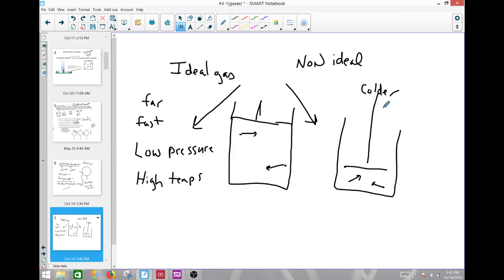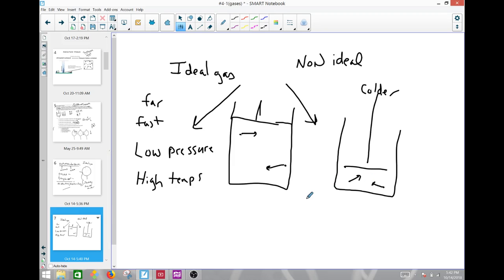And this is going to cause this thing to slow down. So now we're starting to violate some of our kinetic molecular theory. They're not traveling very fast anymore, and they are not that far apart. So the particles have the opportunity to interact.